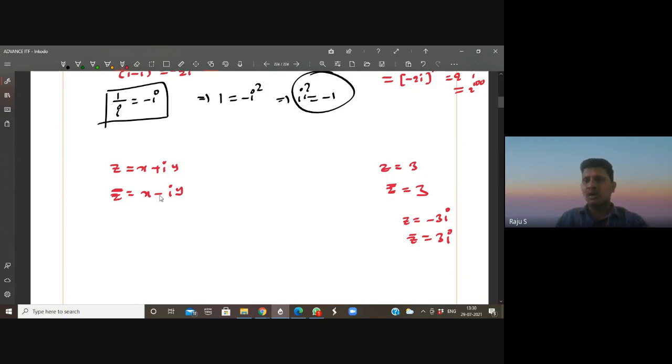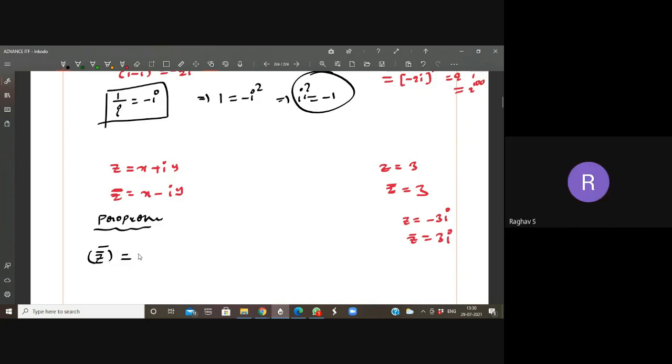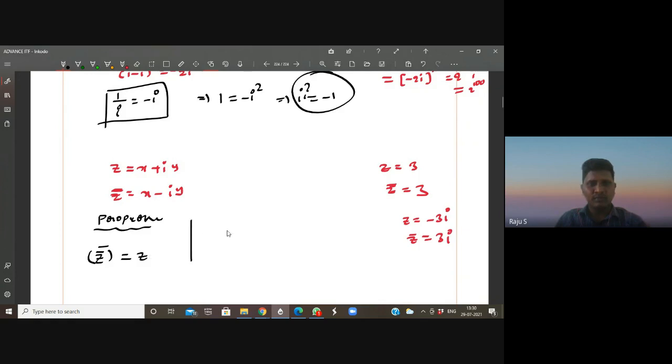So when we see the properties, we know very well that the conjugate of Z conjugate is Z. And also in our starting class we have seen what Z plus Z conjugate is.